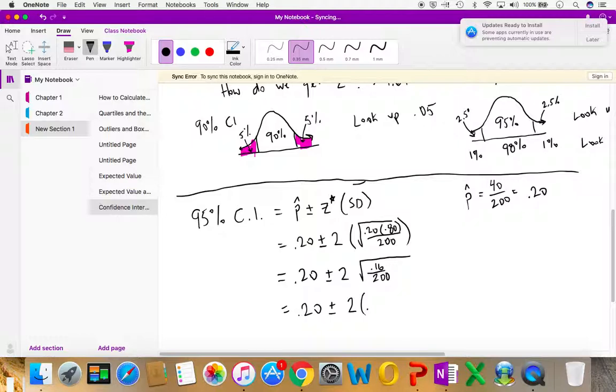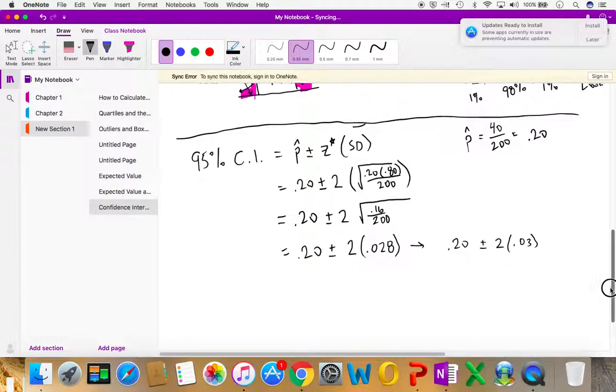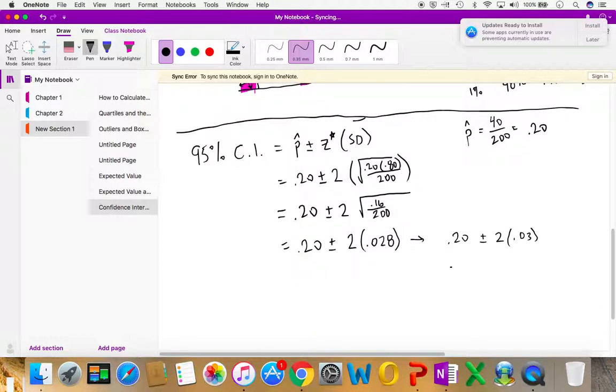0.028, and the decimal keeps going on and on, but I'll just ask you to round it to usually the nearest hundredth place. So just to make things easier here, let's say 0.20 plus or minus 2 times 0.03, 3%, okay? And that's fine, we can do that. So what this works down to is 0.20 plus or minus 2 times 3% gives me 0.06.